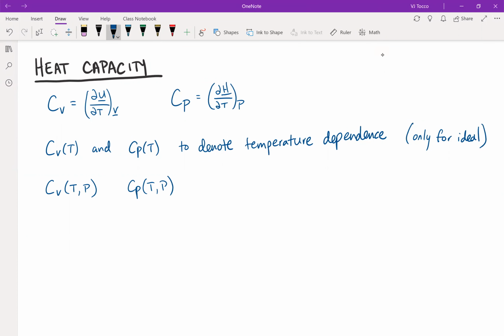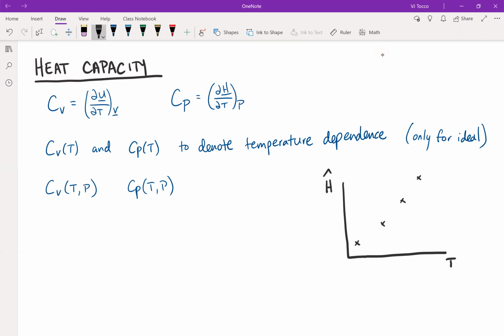Now, at this point, you may be thinking, how is it that constant pressure heat capacity can be a function of pressure itself? So think about what this term means, the partial derivative of H with respect to T at constant P. If I drew myself a pair of axes and plotted enthalpy on the y-axis versus temperature on the x-axis, and just plotted what this enthalpy does as I increase the temperature.